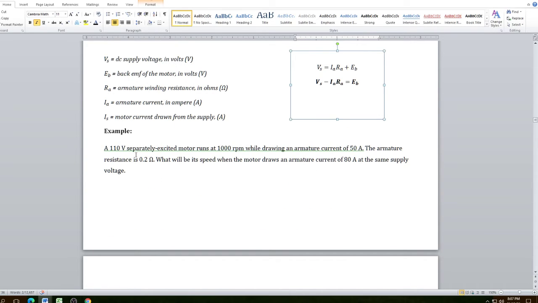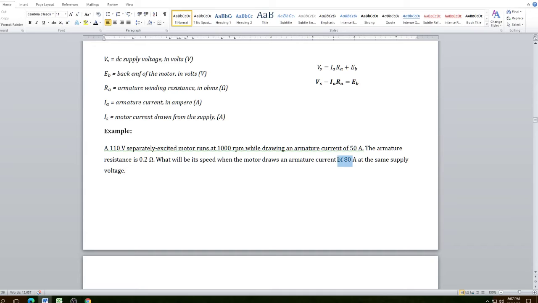This is an example: a 110 volt separately excited motor runs at 1000 RPM while drawing an armature current of 50 amperes. The armature resistance is 0.2. What will be the speed when the motor draws an armature current of 80 amperes at the same supply?